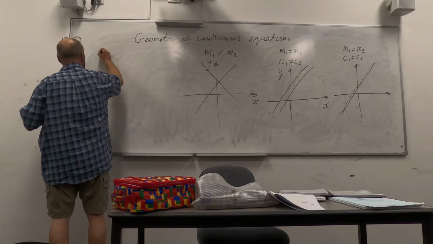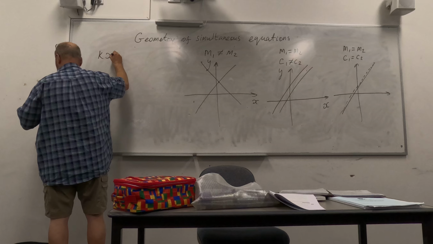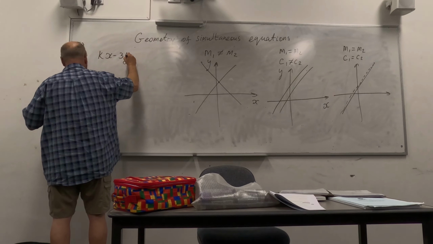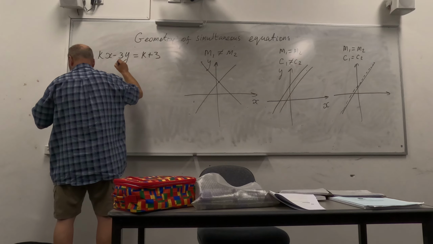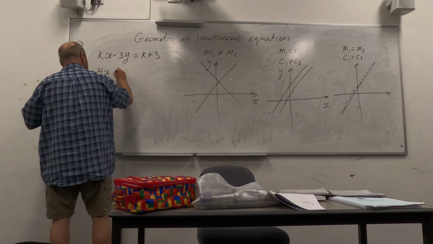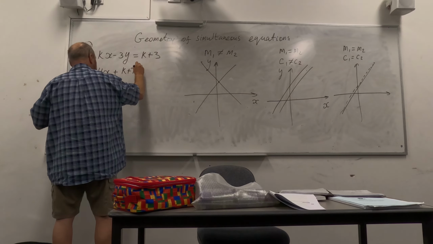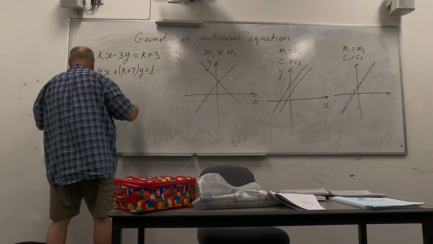The question is, we have two simultaneous equations, kx minus 3y equals k plus 3, and 4x plus (k plus 7)y equals 1.